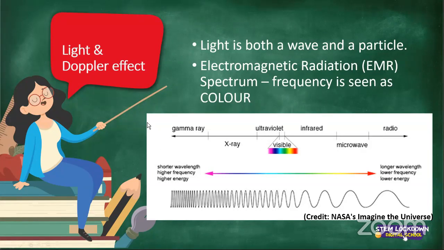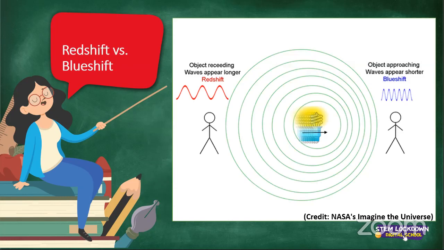And so if you look at my beautiful little picture down there, you will see that your blue colors or your violet color had a high frequency and a very short wavelength, and that your red colors, oranges, were lower energy, so they had low frequency and very long wavelengths. And so the beauty of this is that we can actually say whether something is moving towards or away from Earth, and what we call it is a redshift and a blueshift.